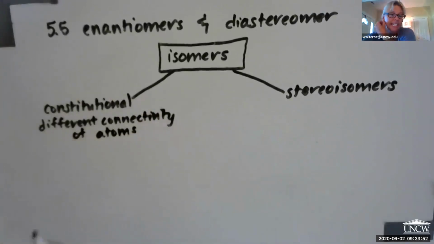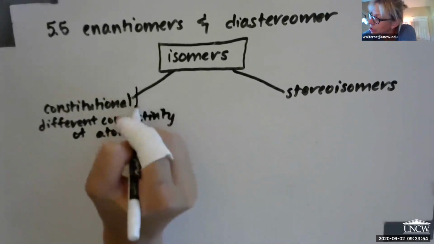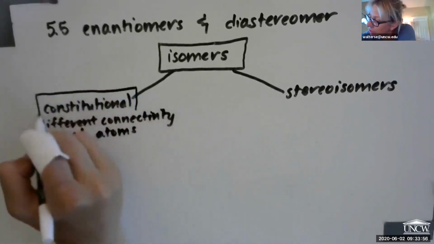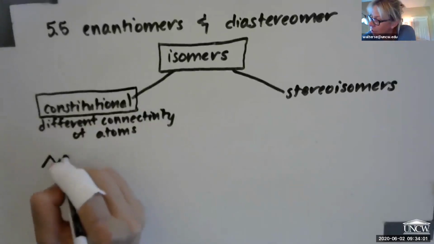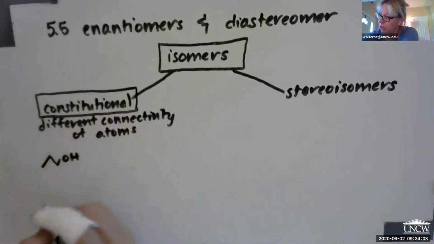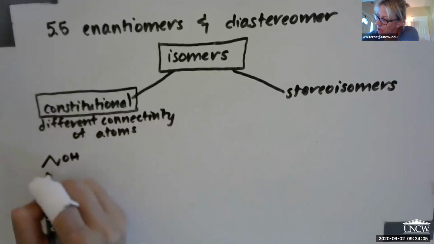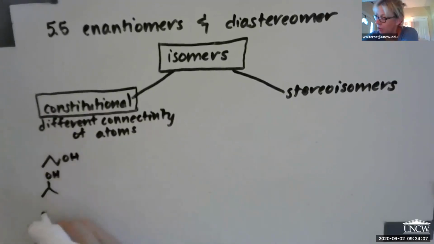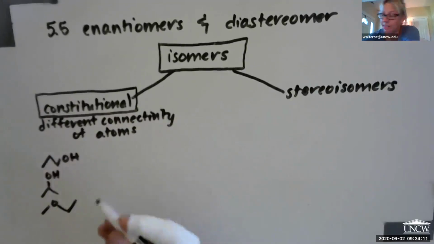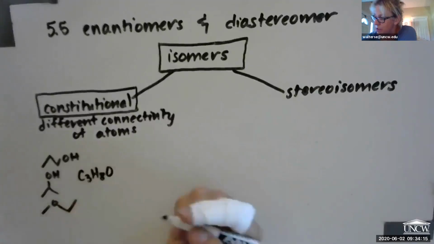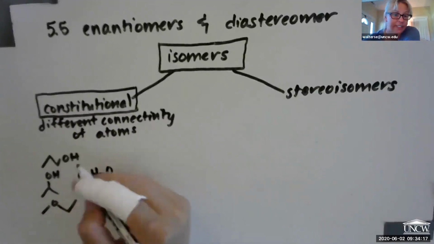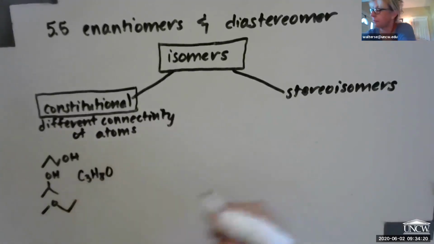We've seen constitutional isomers. We saw those the very first day of class when we looked at 1-propanol, isopropanol, and methyl ethyl ether. They have the same formula. They're all C3H8O, but they have a different connectivity between their atoms.